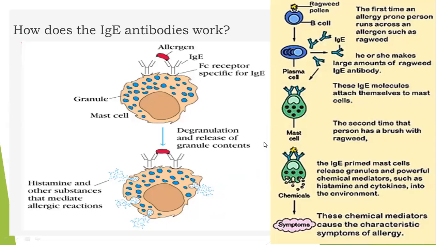So let's go a bit deeper. How does this immunoglobulin E-mediated response work? Okay, so let's say an allergic reaction, for example. We have a B cell there with its B cell receptor that has been exposed to a particular antigen, and in this particular case, we have a pollen antigen that has attached to the B cell receptor, and as per usual, this B cell has undergone activation, and after activation, this B cell has produced the IgE immunoglobulins.